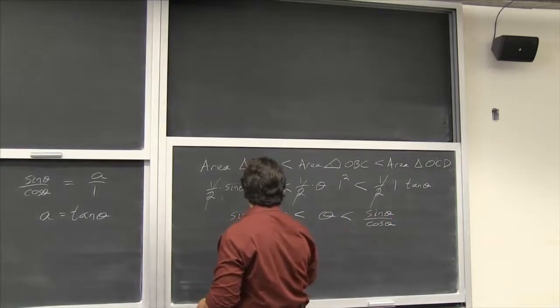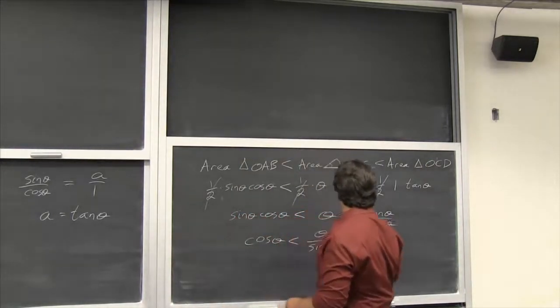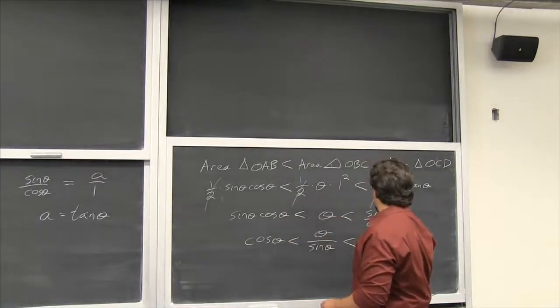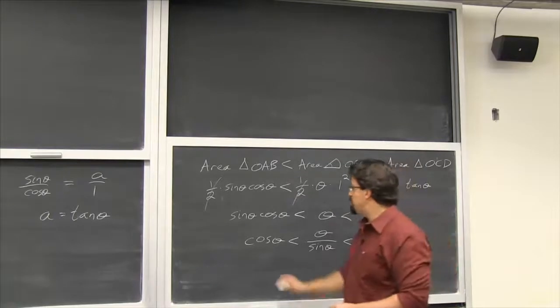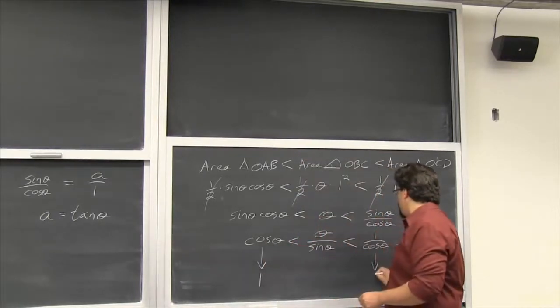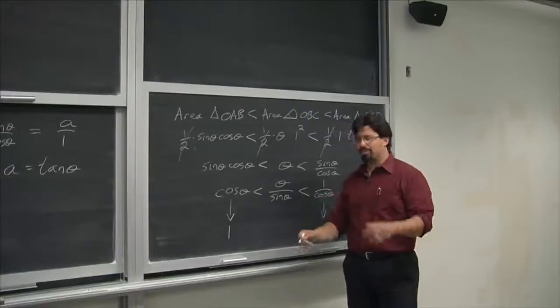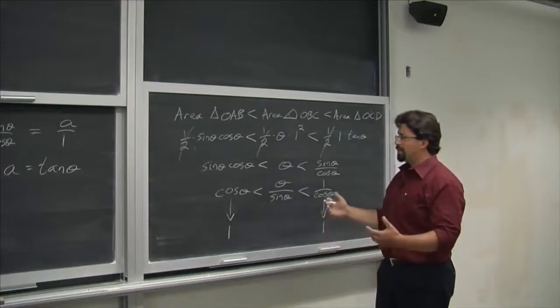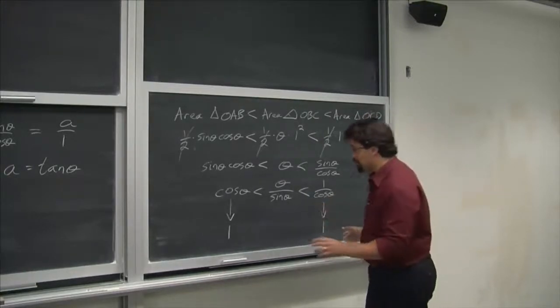So cos theta is less than theta over sine theta is less than 1 over cosine theta. Now when I take the limits, cosine theta is going to go to 1, 1 over cosine theta is going to go to 1. This is not exactly terribly formal, it's not great notation, but it should be quite understandable. Just make sure that that's not how you hand in solutions.